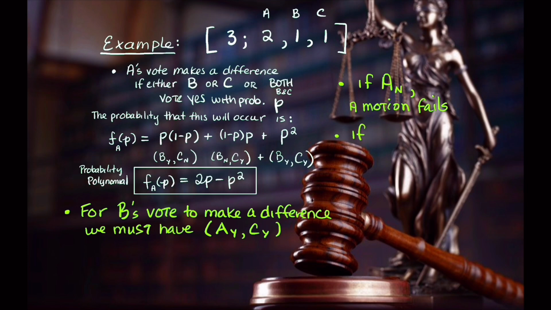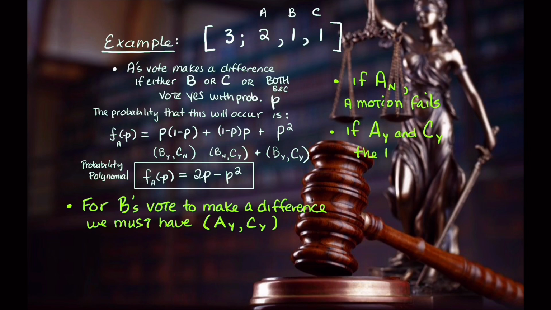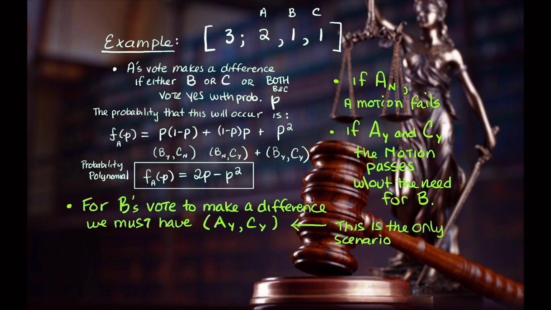Notice that if A says no anytime, a motion will fail. So if A says yes and C says yes, the motion passes without the need for B. So really, the way that we can make a difference for voter B is if A says yes and C says no.